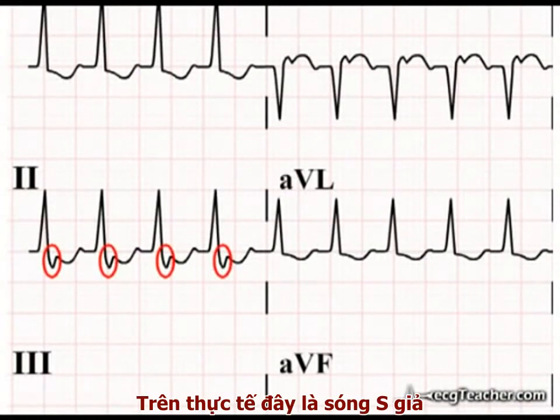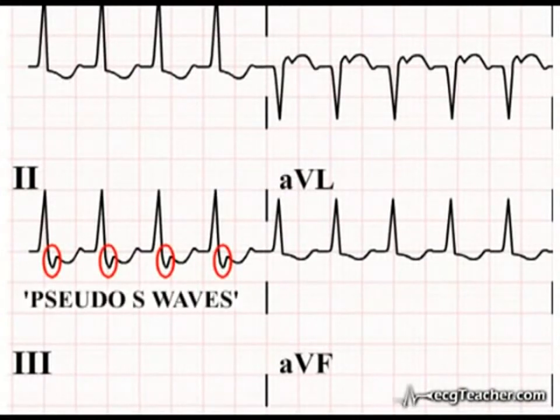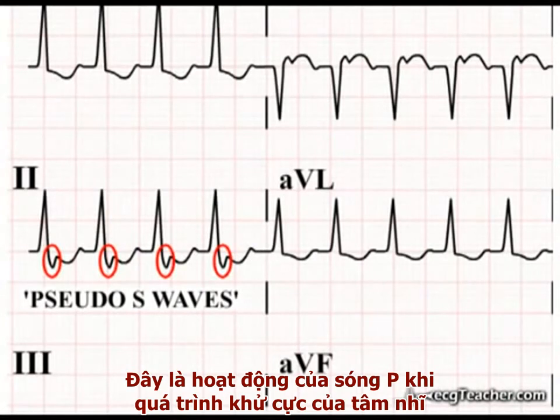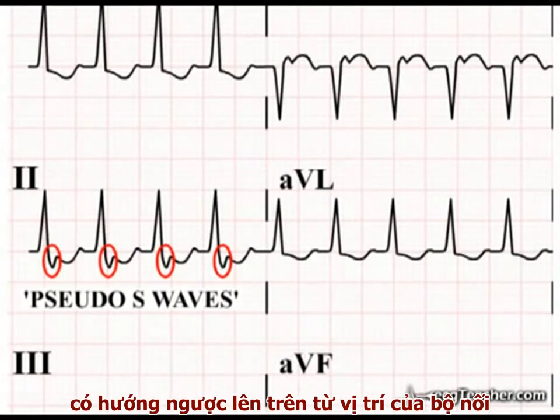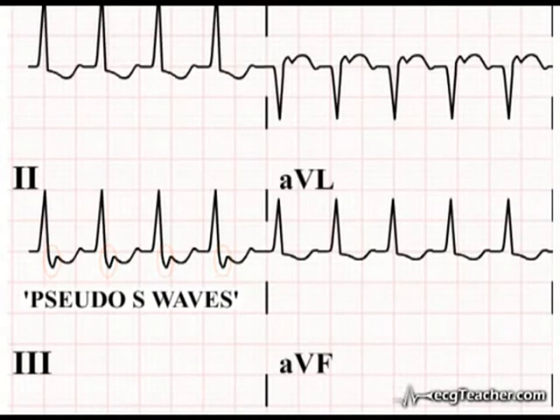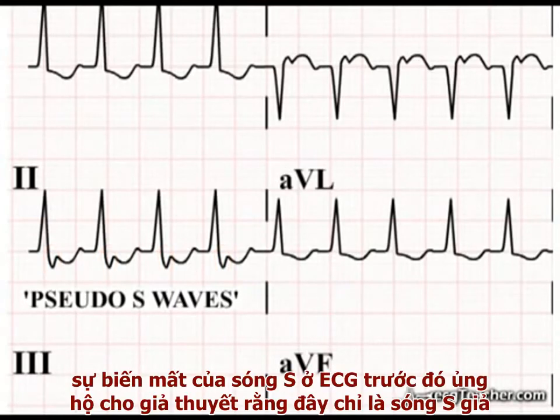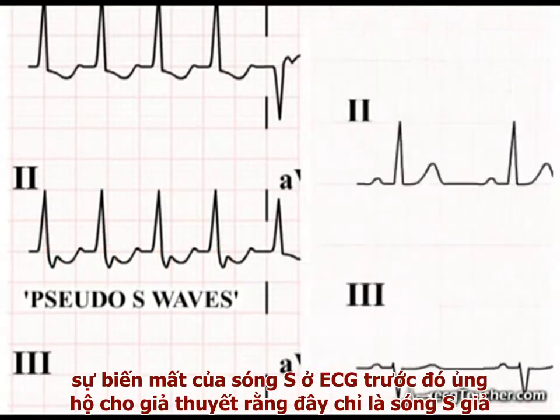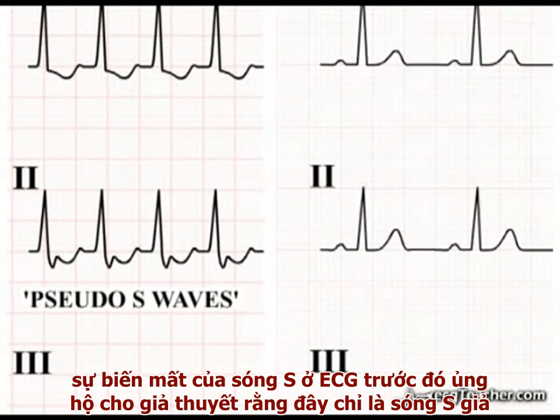In fact, these are pseudo S waves and represent P wave activity as atrial depolarization is spreading upwards from the junctional region and is occurring after ventricular depolarization. The complete absence of S wave activity in lead 2 in the pre and post-attack ECGs supports the contention that these are indeed pseudo S waves.